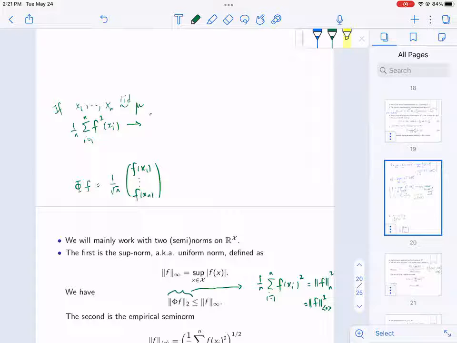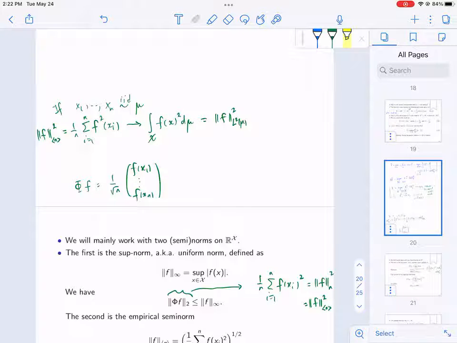It converges to the integral of f of x squared d mu. This is written as the L2 norm squared, the population or usual L2 norm with respect to that measure, and this is the empirical norm. So the empirical norm is an approximation of this L2 norm in the space of functions, and this is a very common norm to use. It's the equivalent of the L2 norm for vectors. That's why you care about this empirical norm.